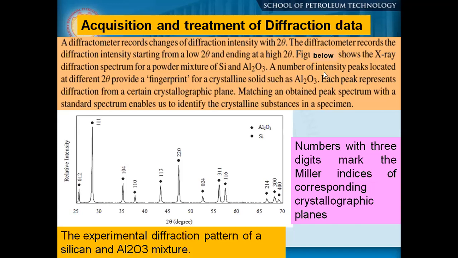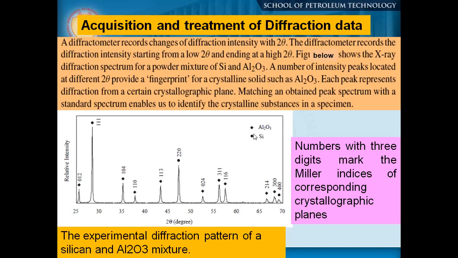The number of intensity peaks located at different 2 theta provides a fingerprint of a crystalline solid, such as here Al2O3. Each peak represents diffraction from certain crystallographic planes. Matching the obtained peak spectrum with the standard spectrum enables us to identify the crystalline substance in a specimen. So we get this pattern, and on the basis of standard values of standard minerals, we try to understand.